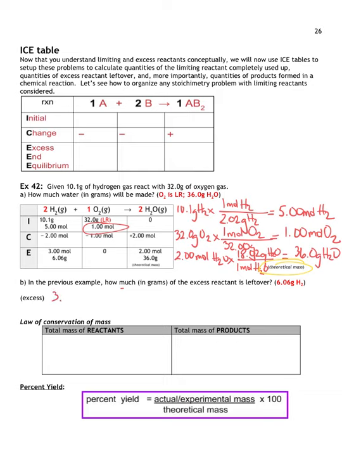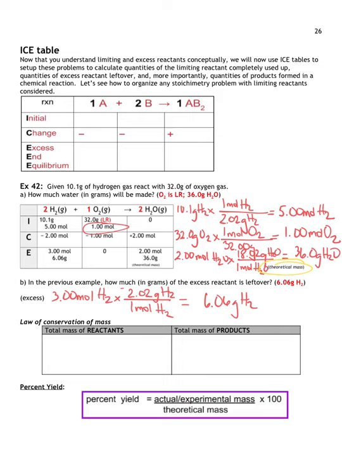And that 3 moles of hydrogen can be quickly calculated in terms of grams. So 1 mole of hydrogen has a molar mass of 2.02 grams of hydrogen. And so multiplying those values, you get 6.06 grams of hydrogen that's left over.